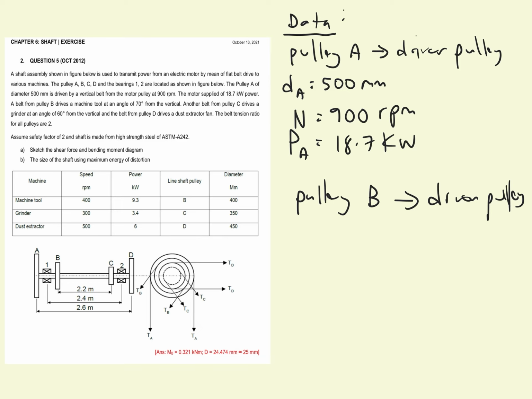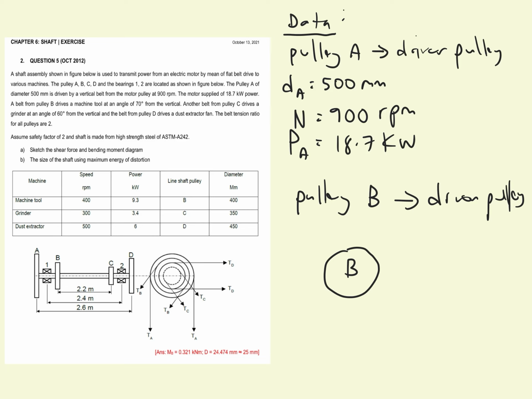So the angle of the belt from pulley B is 70 degree from the vertical. So if we imagine, let's say this is the pulley B, and as you can see, the belt is the direction of belt for pulley B, like this one.